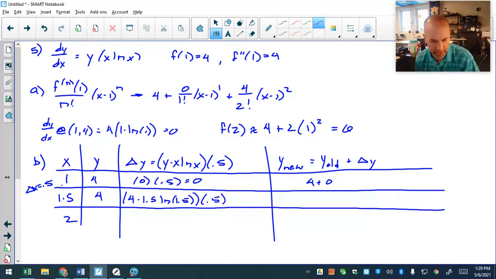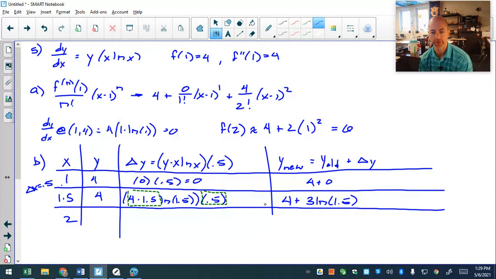And this is really interesting that they gave you something like this on a non-calculator question. It doesn't make a huge difference, but my new y coordinate is going to be 4 plus all of that stuff. I think I'm going to go ahead and say 4 times 1.5 is 6, times 0.5 is going to be 3, times the natural log of 1.5.